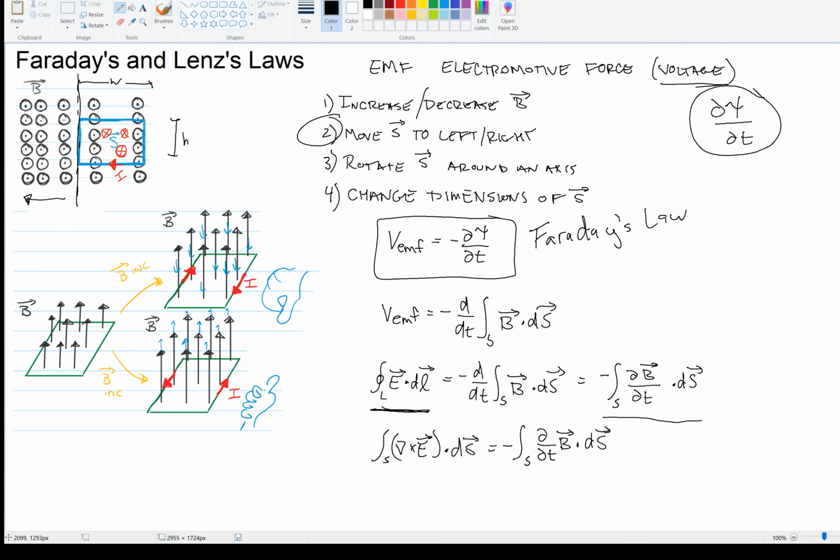And then since I have the same integral over this surface area, the integrands must be the same, and we see that the curl of E must be the negative time derivative of B. Right, and so this is the point form or the differential form of Faraday's law, and this is one of the Maxwell equations.